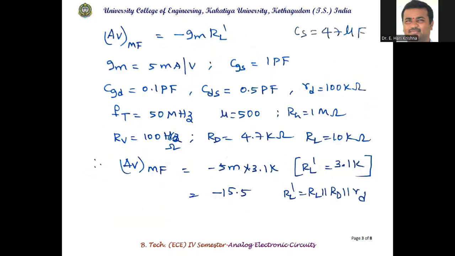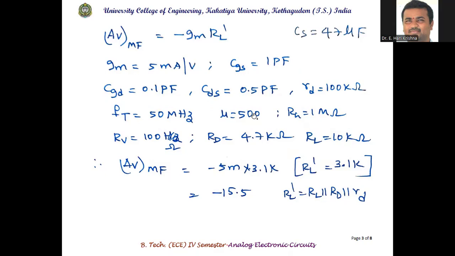So the mid frequency voltage gain is minus gm RL dash. All the values are mentioned here. gm is 5 milliampere per volt. CGS is 1 picofarad. CGD is 0.1 picofarad. CDS is 0.5 picofarad. Small r, the internal resistance, is 100K, and fT, the gain bandwidth product, is 15 megahertz.